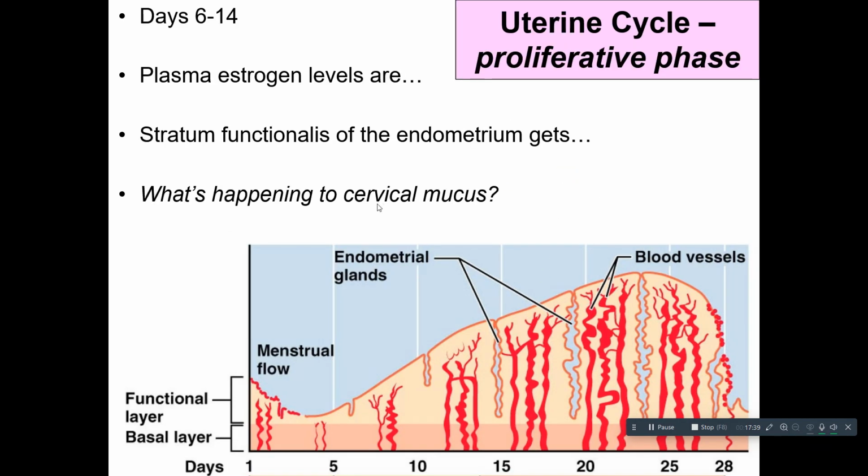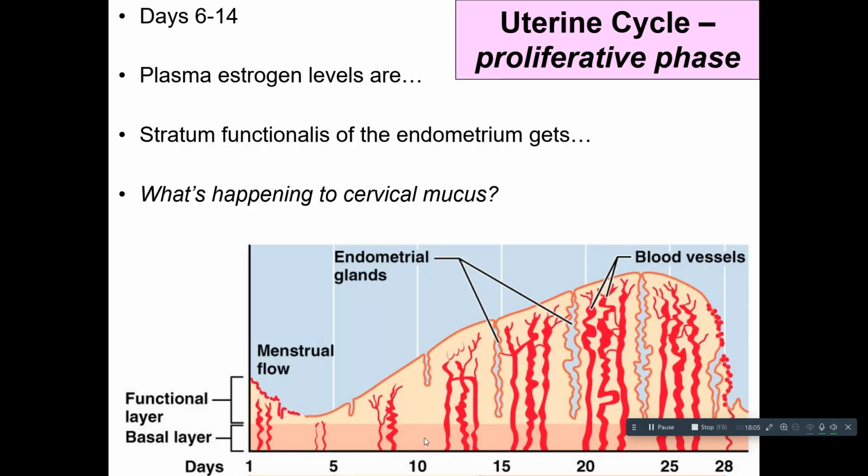Days 6 through 14 are the proliferative phase. And during this phase, ovarian levels of estrogen are increasing. So estrogen levels are rising. The stratum functionalis is going to grow and get thicker. This is because the body is again saying, all right, well, this cycle, we're going to get pregnant. And we can totally see the functionalis getting thicker here on these days.